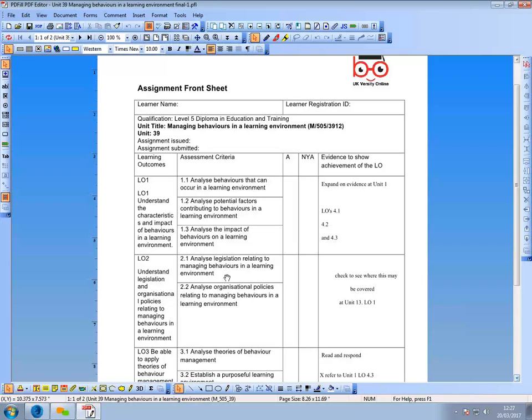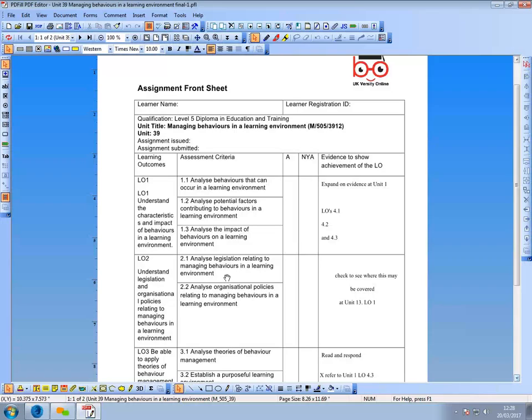One is the policies within the school in which you work, in relation to, there may be a disciplinary procedure. Those are the things that you need to look at, because these are the things that get added to. You also have to have a look through the legislation on this as well.